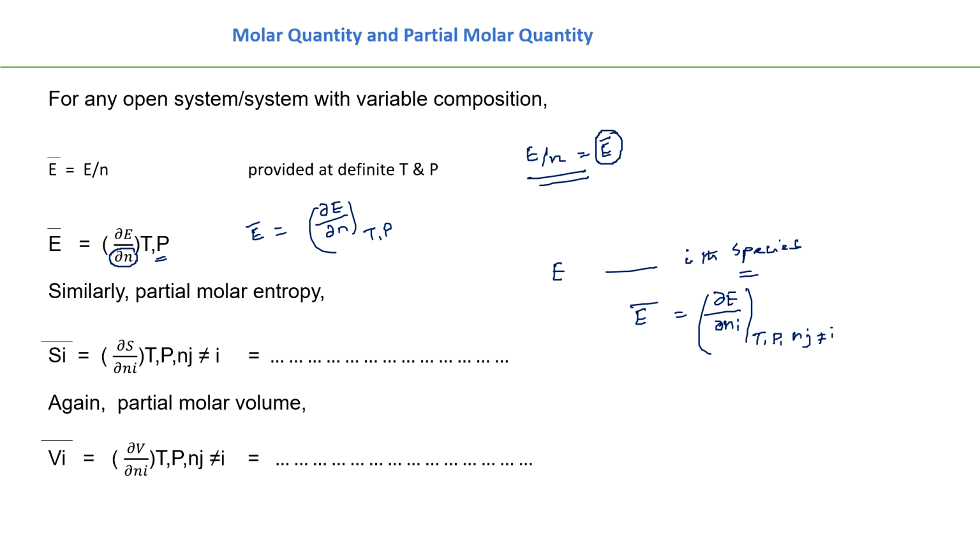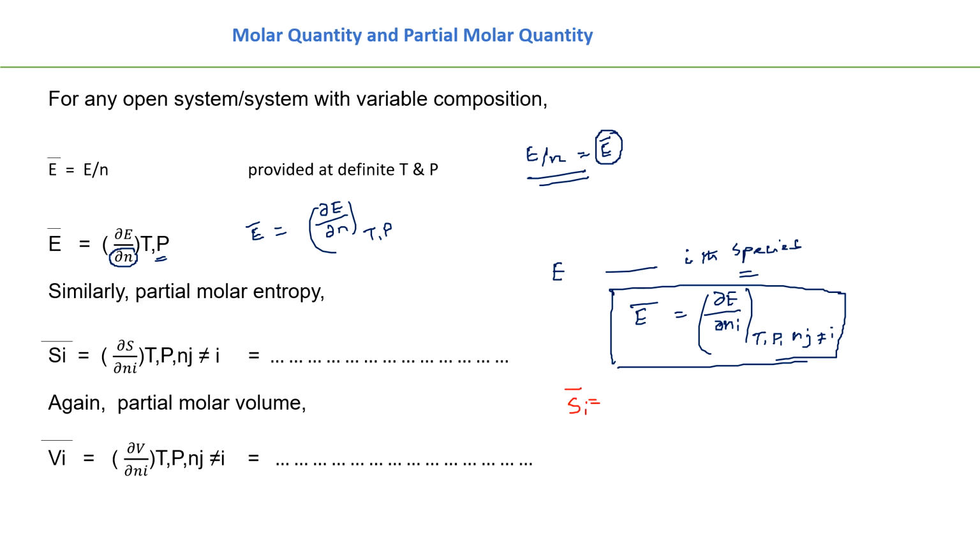So while we are defining the partial molar quantity of an extensive property of a particular species, the number of moles of the other species should be constant, right? So this is the concept of partial molar quantity. Let's say we want to represent the partial molar entropy, then how will we write?